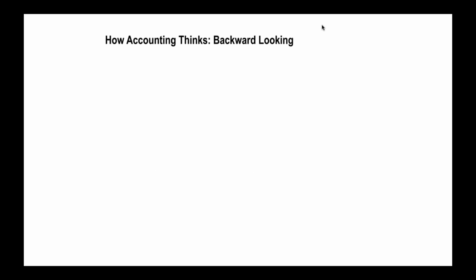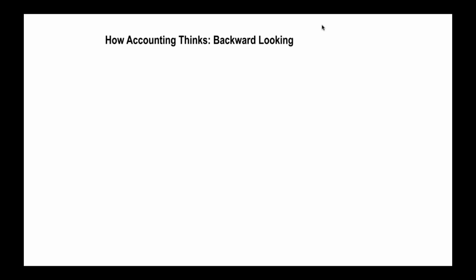I'm a CPA and I've been a CFO, and when you're trained in accounting, which is a very technical field, you sort of learn how to think. And we are trained to think backwards because our primary training is based on understanding financial statements and being able to analyze financial statements.